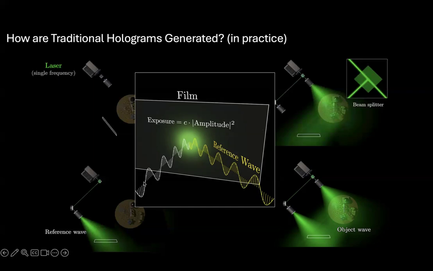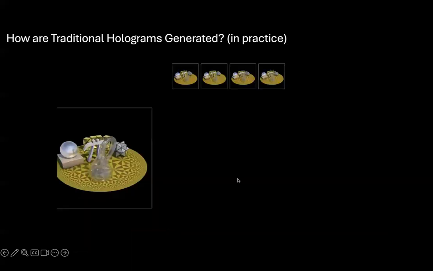Meaning that when these two light waves hit the film, if they are in phase, then you get a really bright spot. If they're out of phase, then you get a weaker, darker, dimmer spot. So now everything you're recording has taken into account the phase, due to the reference wave you're using.